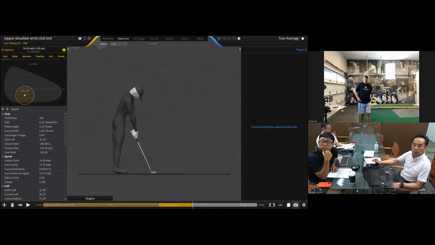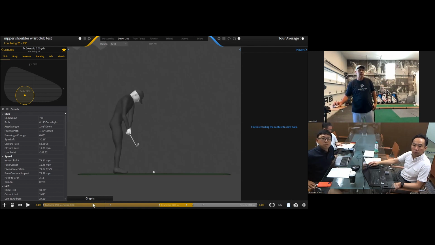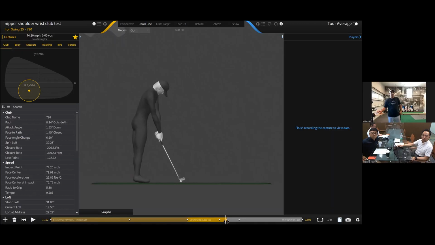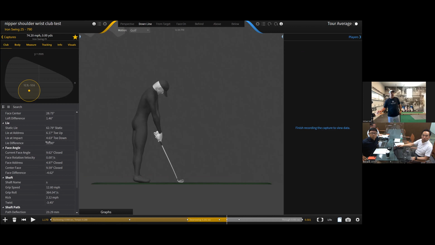And that's why most people hit it on the toe when they come over the top and steep, kind of like you see here up on the avatar. So this player is coming over the top, standing up, toe dig, 4.63 toe down. And that's going to move the mark to the toe.